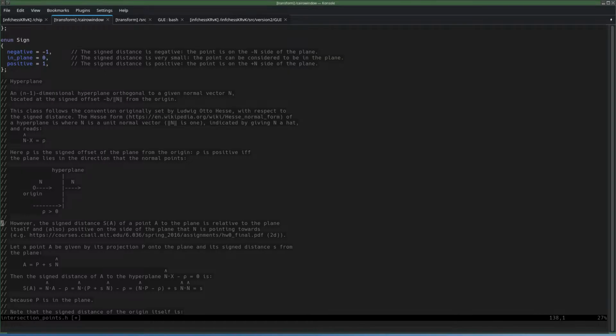However, the signed distance s of a point A to the plane, that is also a bit... The signed distance S_A from the plane to a point A is relative to the plane itself and positive on the side of the plane that n is pointing towards.